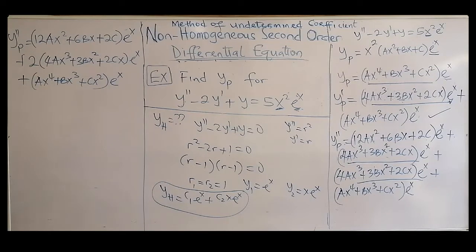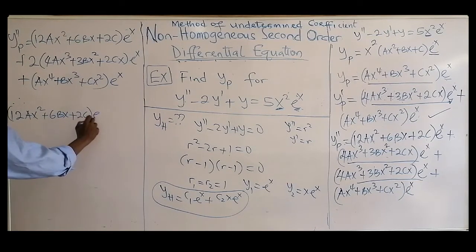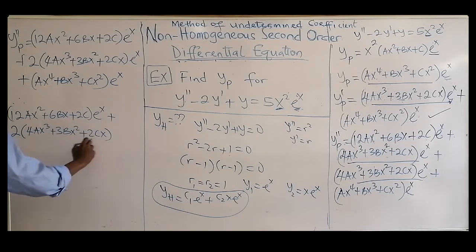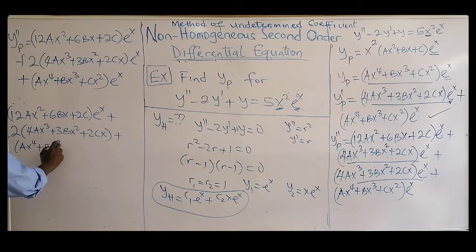Therefore, we're now having 12ax² plus 6bx plus 2c, eˣ, then plus 2 into brackets 4ax³ plus 3bx² plus 2cx, then plus ax⁴ plus bx³ plus cx². Like this. It's a long step.